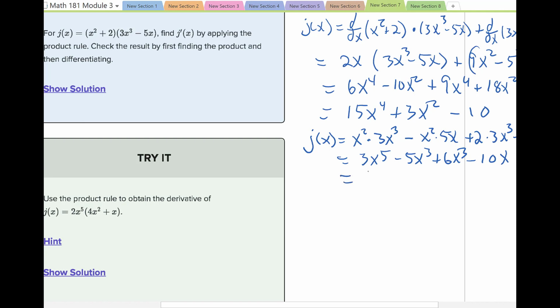It's going to be the telltale sign if I did my math right in my head: 3x to the fifth plus x cubed minus 10x.